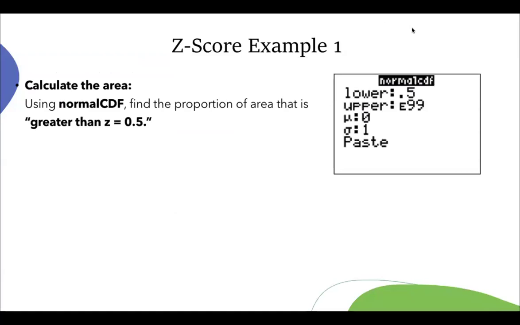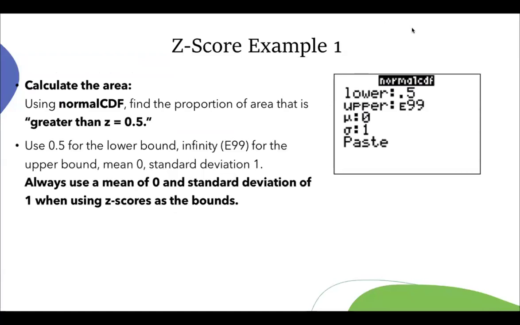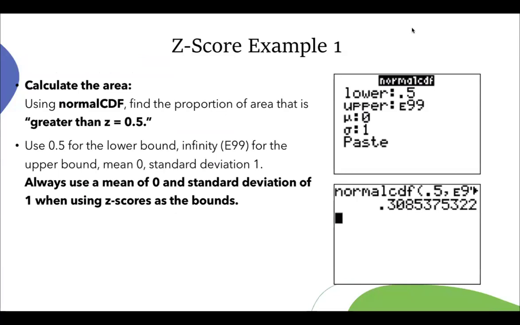Okay, so the slideshow has all this information as well. 0.3085, 30.85%. So realize in this problem, we were not provided directly with the mean and standard deviation, but because the problem uses z-scores and not raw data values, the mean is automatically considered to be 0 and the standard deviation is considered to be 1.